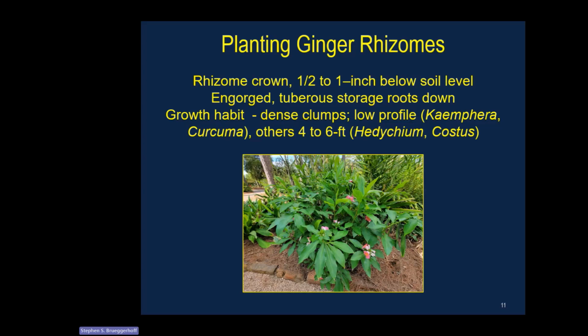I'm 6'4", and I have some in the backyard that have now reached my nose, right? They're starting to go a little bit dormant right now. They still formed a dense clump, and they're starting to spread a little bit. So as long as you know that, you'll know where to put it in your garden. The lower profile ones, like the tulip ginger, which is genera Curcuma, can be planted up front.